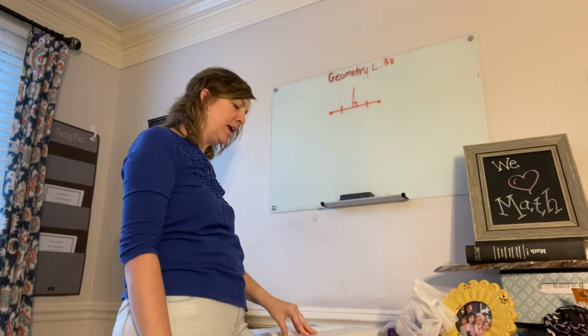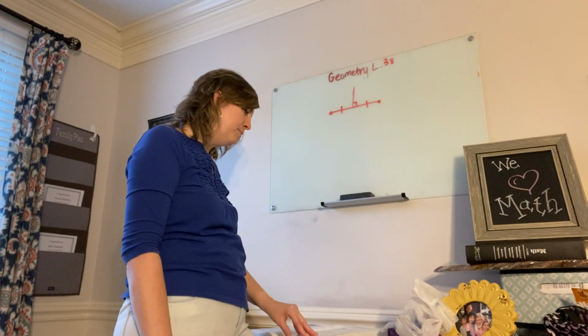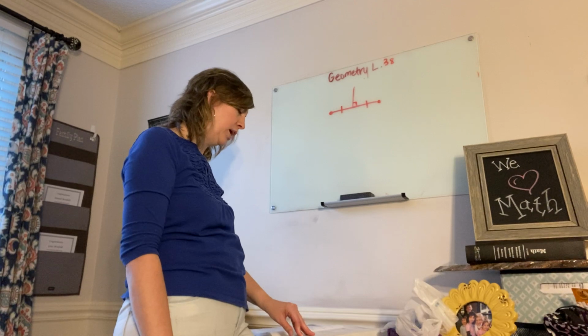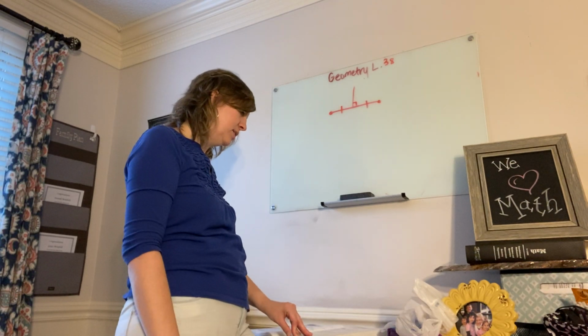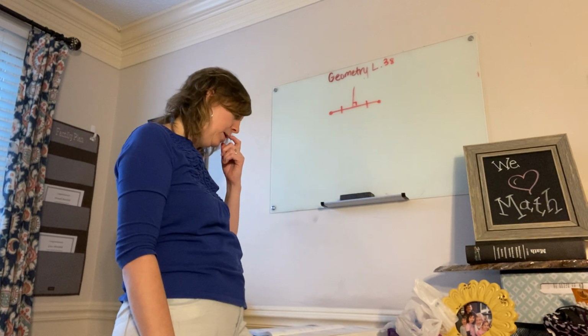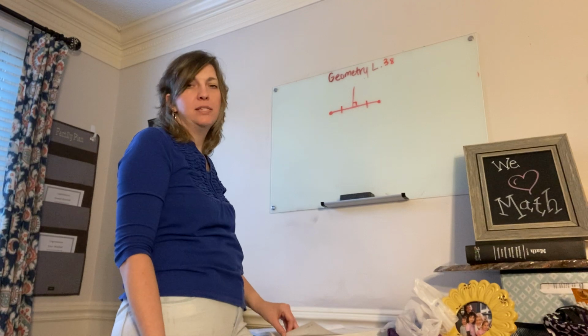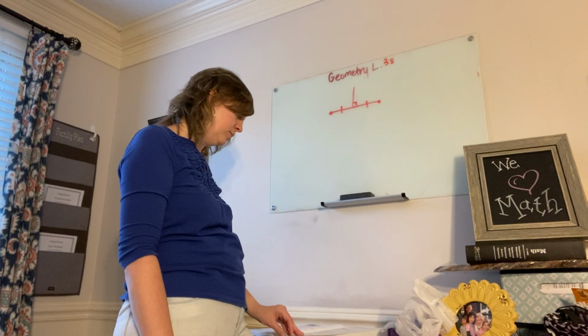Look at theorem 38(1), and we're on page 245. If a line bisects an angle of a triangle, then it divides the opposite side proportionally. So if the angle is in half, then it cuts the side in half as well. So very important to understand that. Angle bisectors means it cuts it in half, and then the opposite side as well.